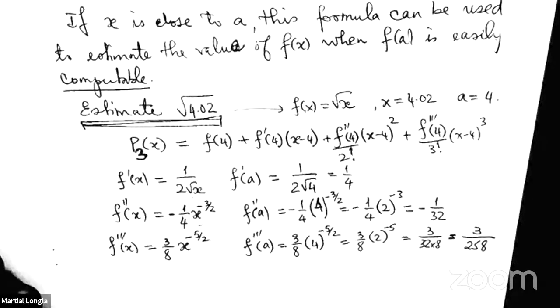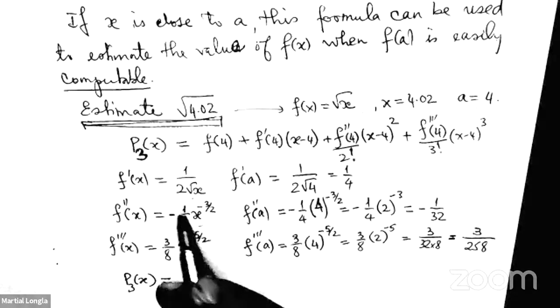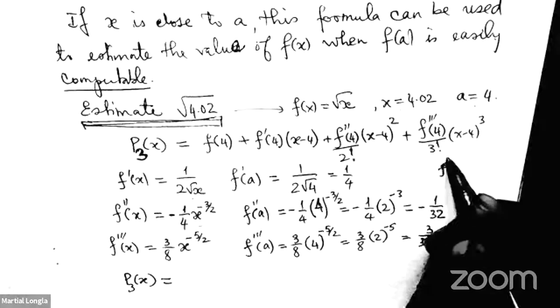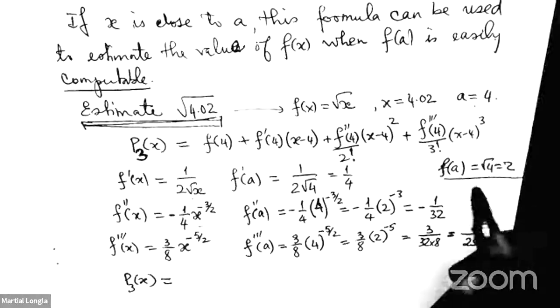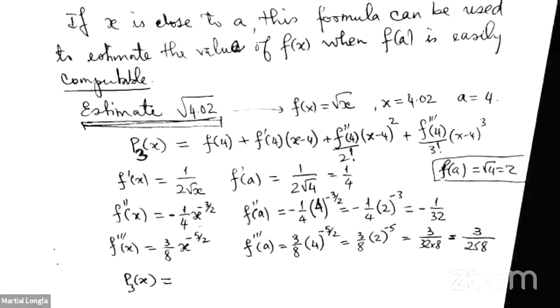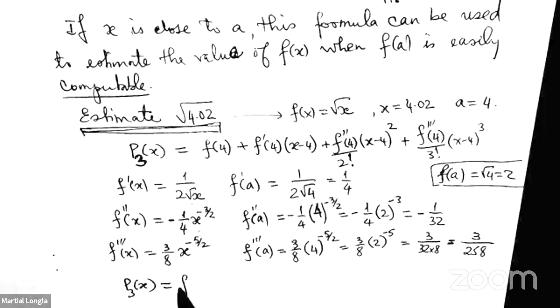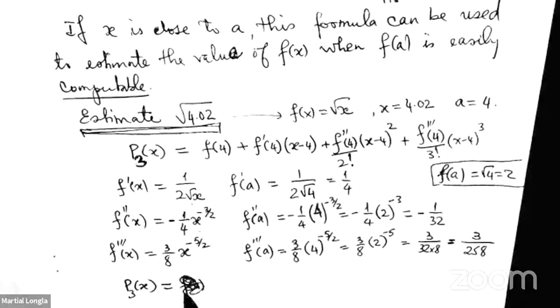And now you say P3 of x equals f, yes, one thing is missing, f of a, of course, is square root of 4, which is 2. So P3 of x is f of a, that's a formula that is already written here, so we can just write that answer.